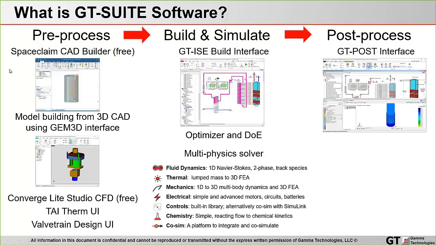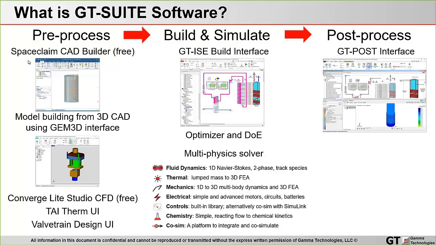If we start on the pre-processing side, there is a tool called SpaceClaim, which is actually owned by a third-party company called ANSYS. And with every software package of GT comes a license of SpaceClaim. This allows you to do CAD building, but also defeaturing and volume extractions and preparing a model to be used for the GT Suite software.